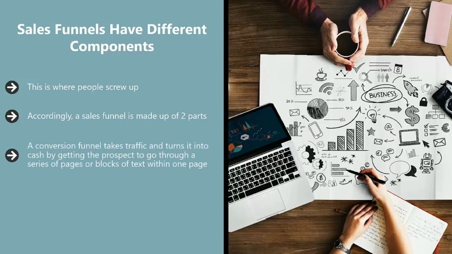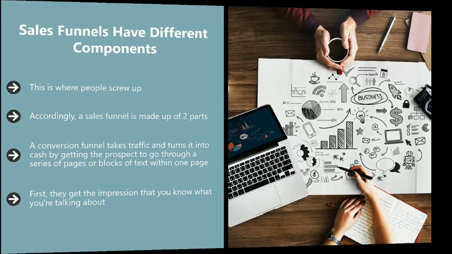A conversion funnel takes traffic and turns it into cash by getting the prospect to go through a series of pages or blocks of text within one page. As the person progresses through each section, that person develops the following. First, they get the impression that you know what you're talking about. They start to believe that you are knowledgeable enough about whatever it is you're talking about for them to continue to read your stuff.